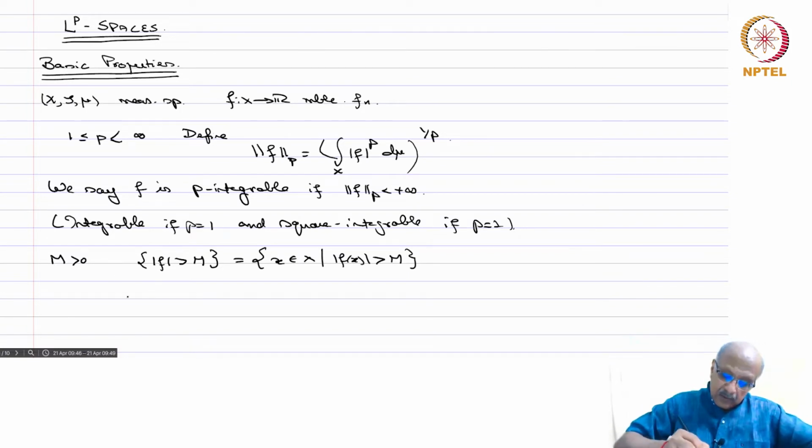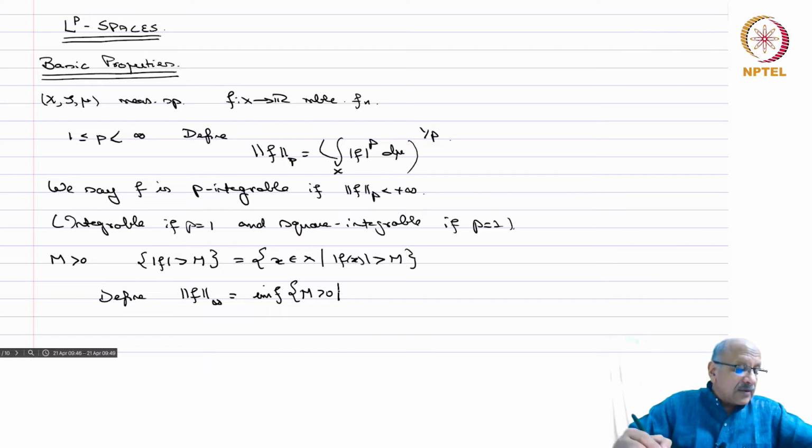Okay, now define norm f infinity as the infimum of all m such that mu of mod f bigger than m equals 0.